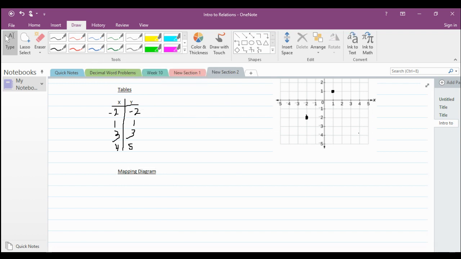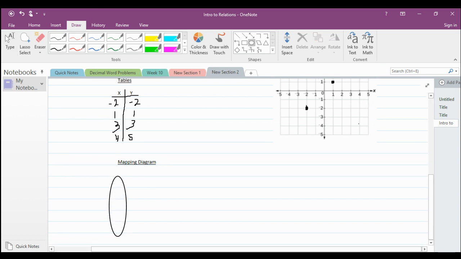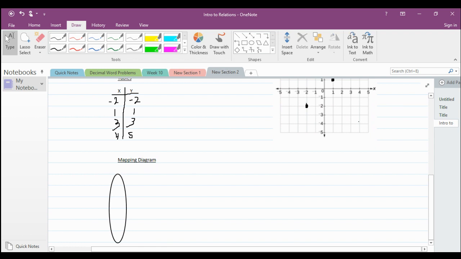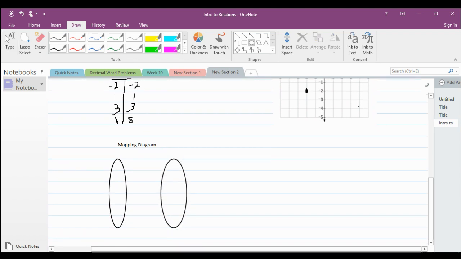All right. So what you do is you have an oval, and those are going to be your x values mapped out with your y values. And we'll talk more about these as we work on them. But this is just a little intro to them.